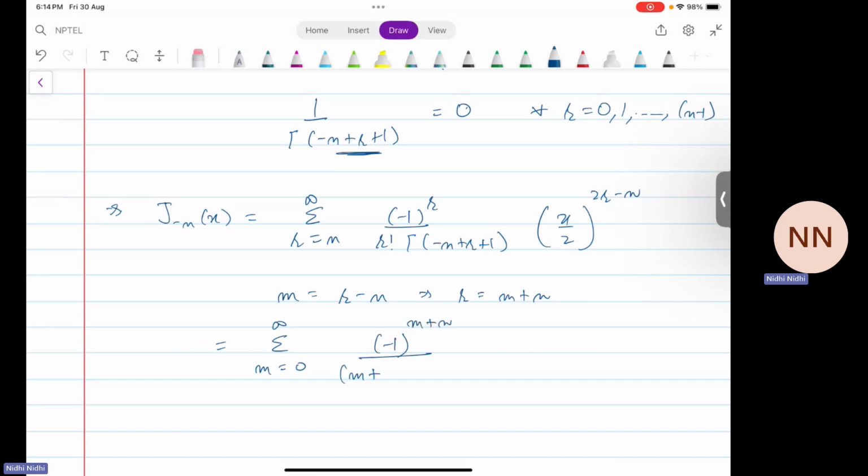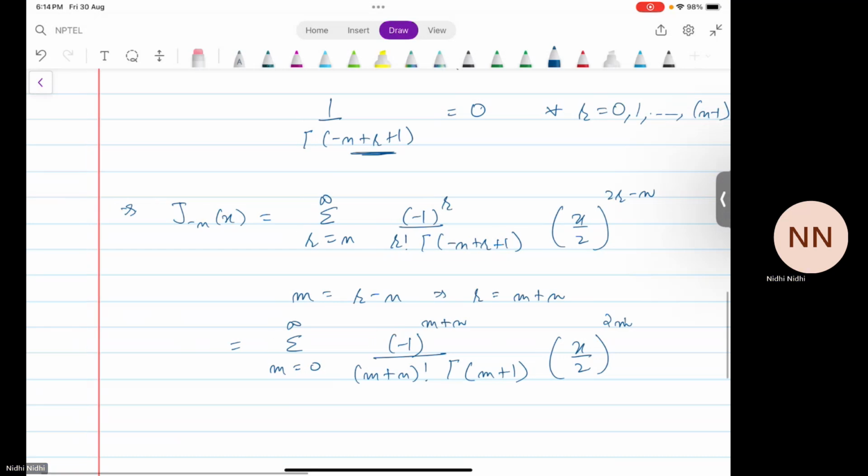Then we have (m plus n) factorial. Then we have gamma, where the n and minus n cancel out, and we are left with m plus 1, times (x by 2) to the power 2m plus 2n, and minus n will give us plus n.